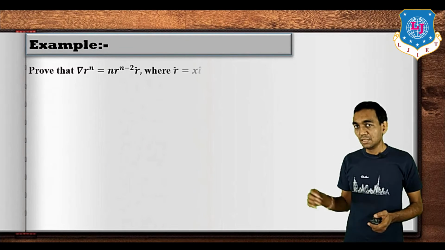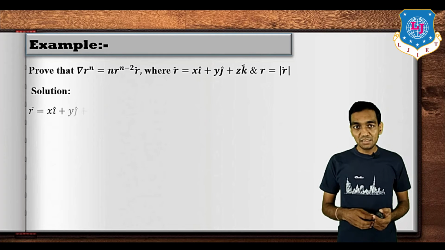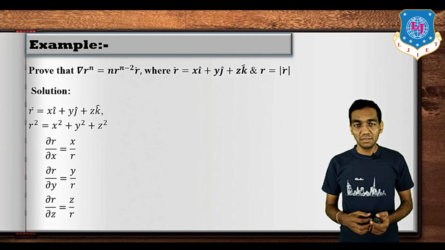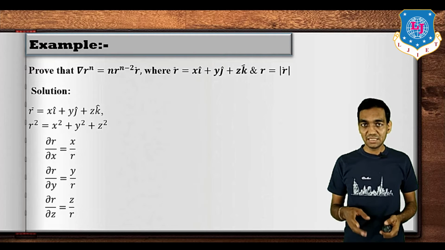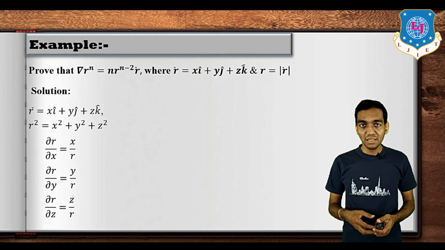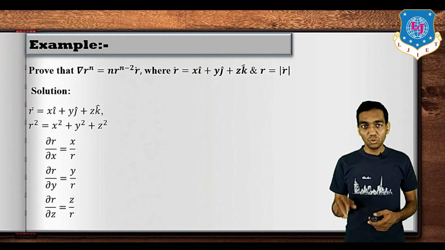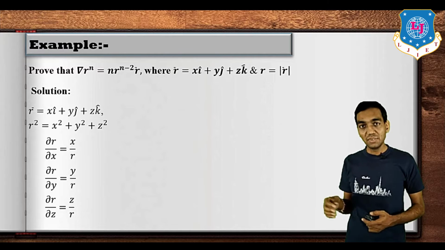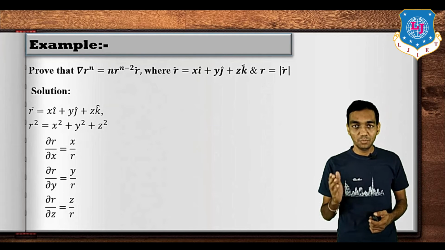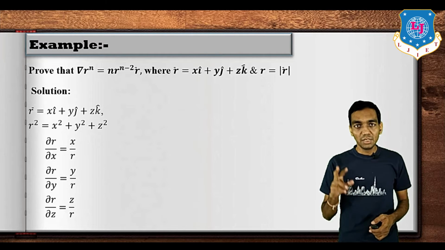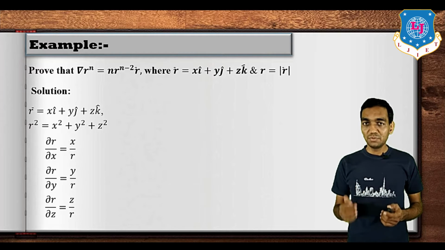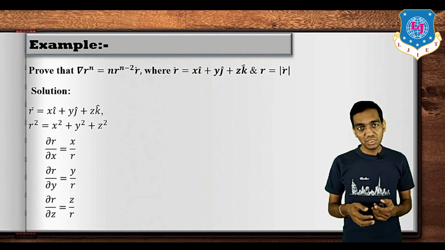Now, we are going on to one more example. Prove that grad of r raised to n is n into r raised to n minus 2 into r bar, where r bar is nothing but xi plus yj plus zk and r is nothing but the mod of r bar. That means r bar is your standard position vector xi plus yj plus zk and simple r is the modulus value of the position vector.